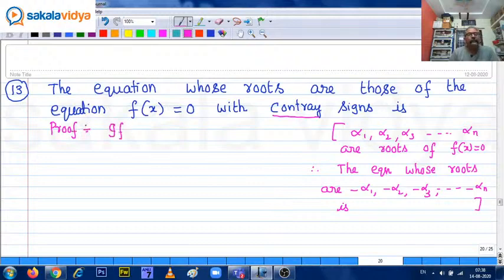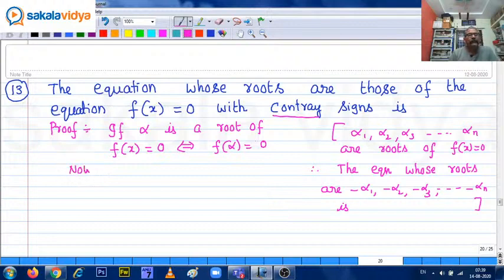If alpha is a root of f of x equals 0, then if and only if alpha satisfies this equation, f of alpha equals 0. Now I will write f of minus alpha, minus into minus plus alpha, equals 0.